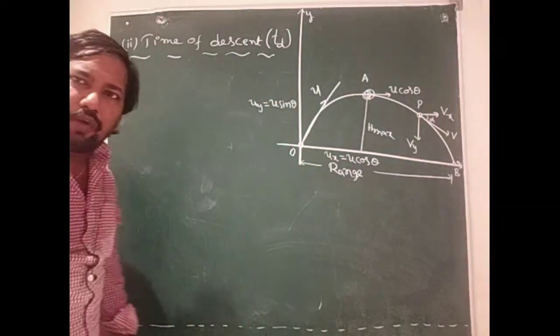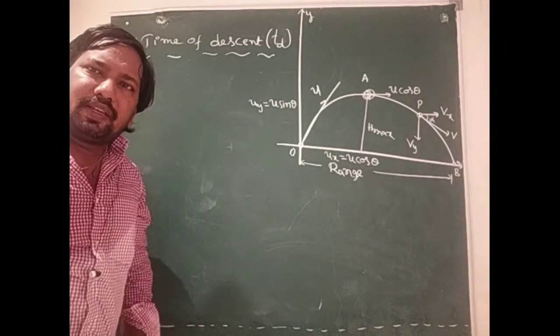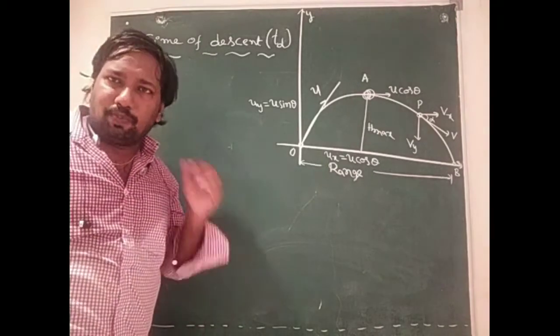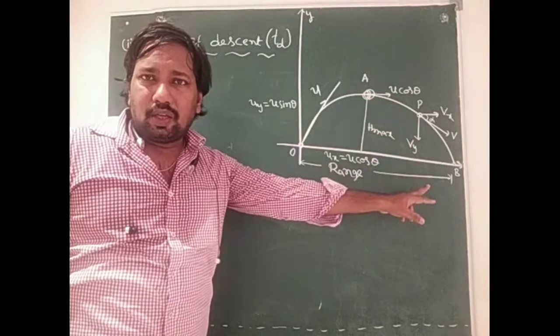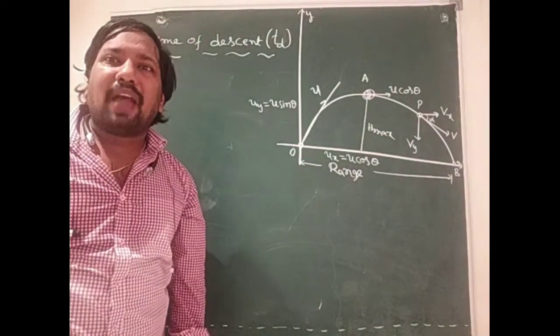Time of descent means the time taken by the body or projectile to reach the earth surface from the maximum height.